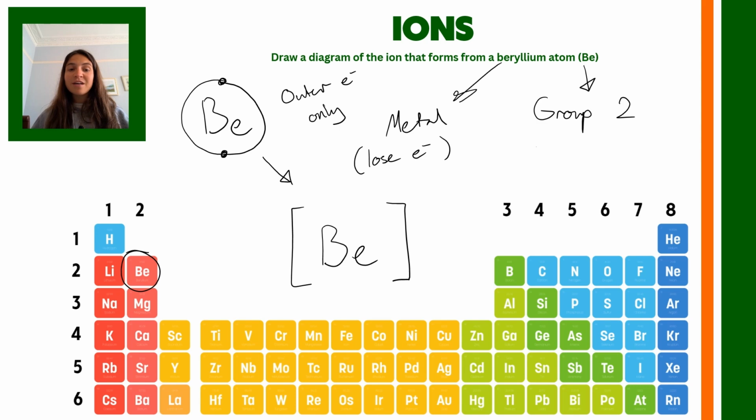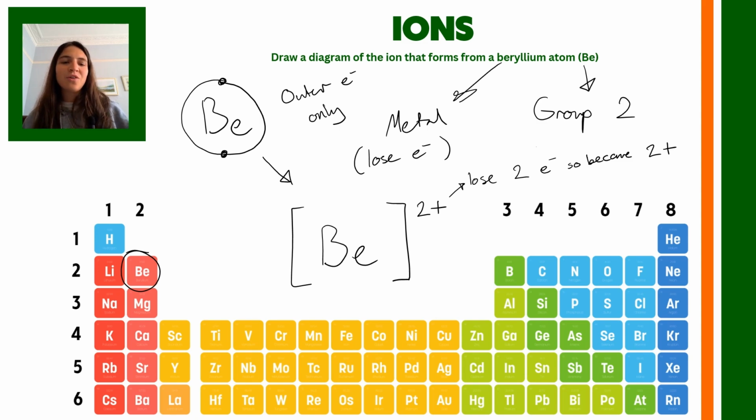And then, because I have lost 2 electrons, what I need to do is I need to put a +2 on the top right-hand side there to say I've got a net positive charge of +2, having lost those 2 electrons from my outer shell. And because you've lost 2 electrons from your outer shell, you can't show those electrons anywhere within your picture.